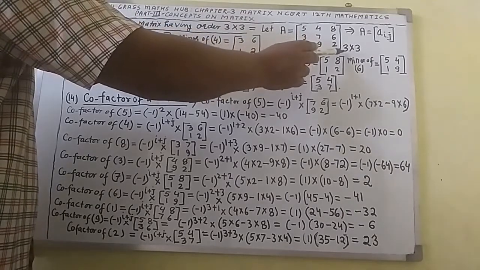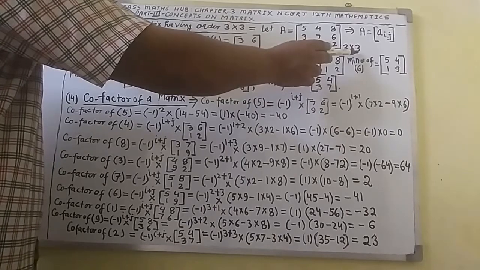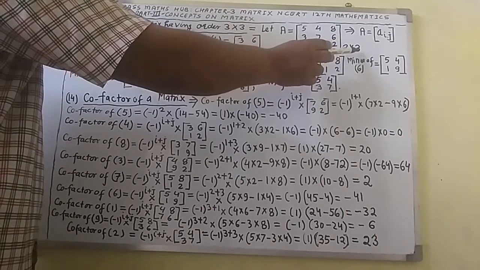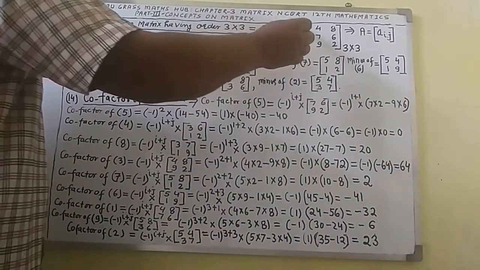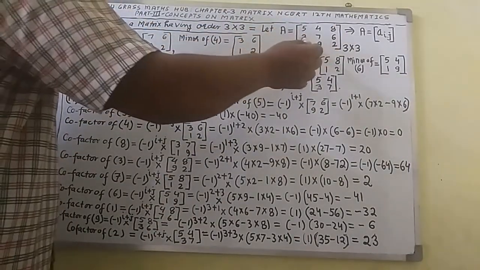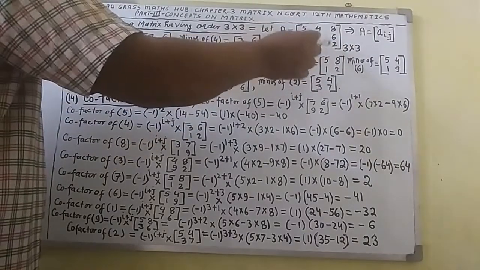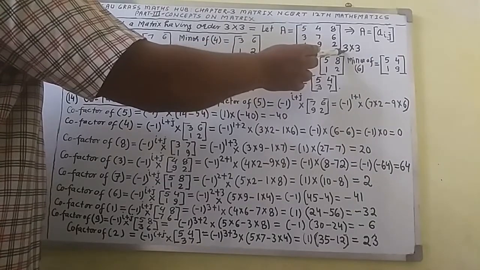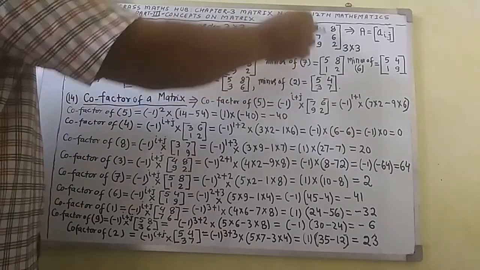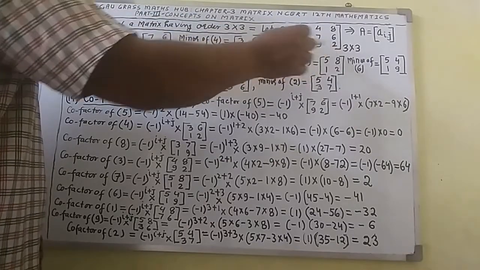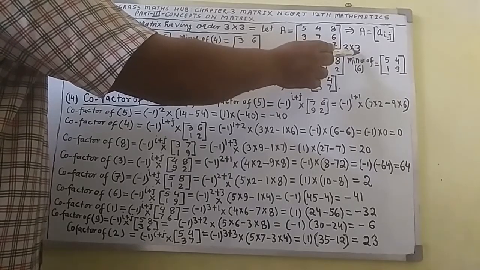The capital A matrix is of order 3 cross 3. The first 3 represents the total number of rows, the second 3 represents the total number of columns. Here you can see first row, second row, third row. So there are 3 rows, represented by 3 here. Now come to columns: first column, second column, third column. There are 3 columns, represented by 3 here.